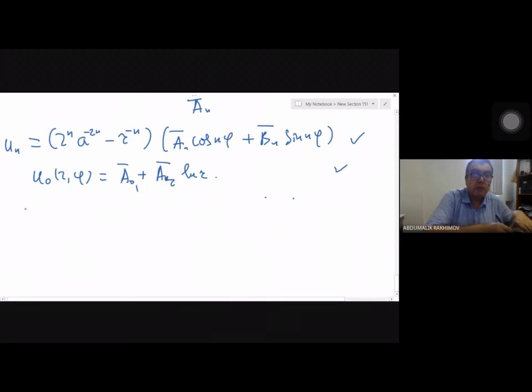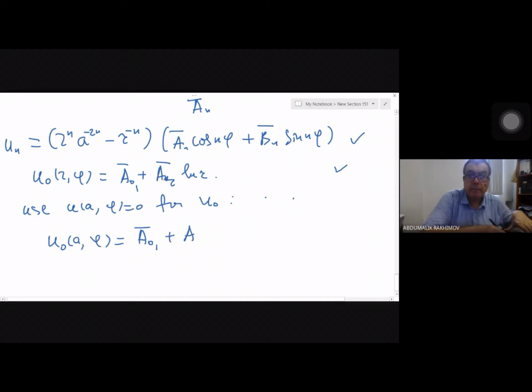If I use the condition u(a, phi) equal 0 for u0, then u0(a, phi) is equal to a01 bar plus a02 bar ln a, and ln a must be equal 0.